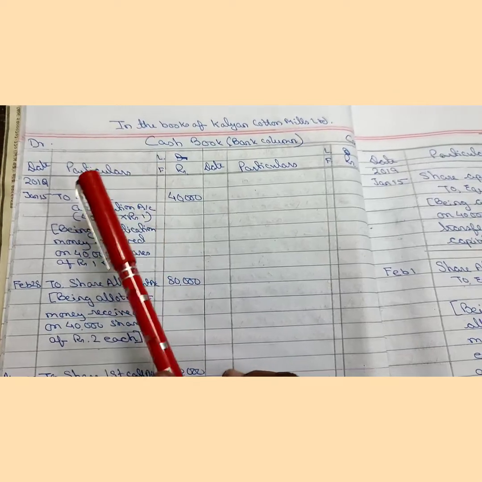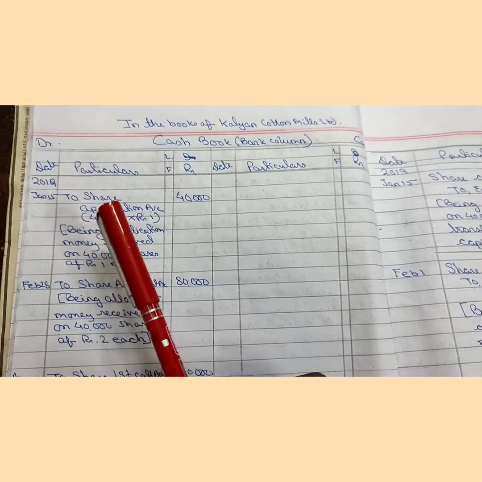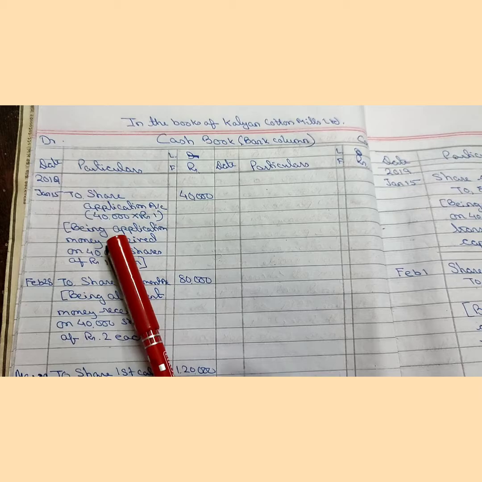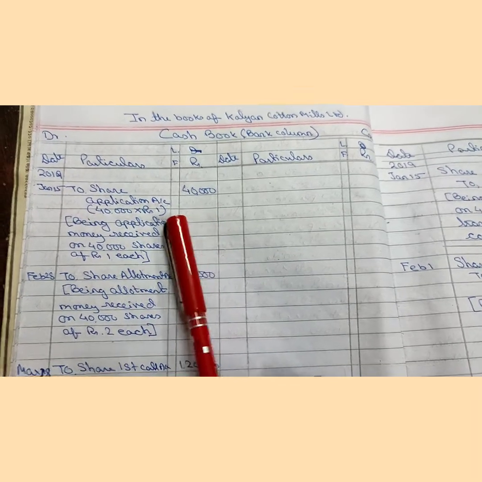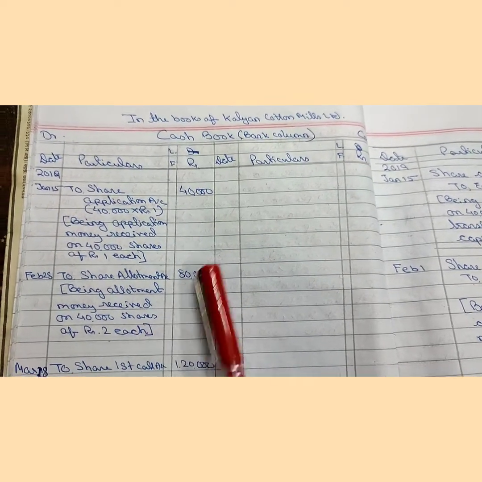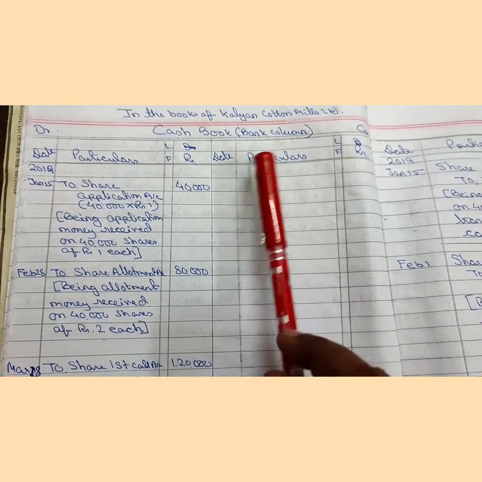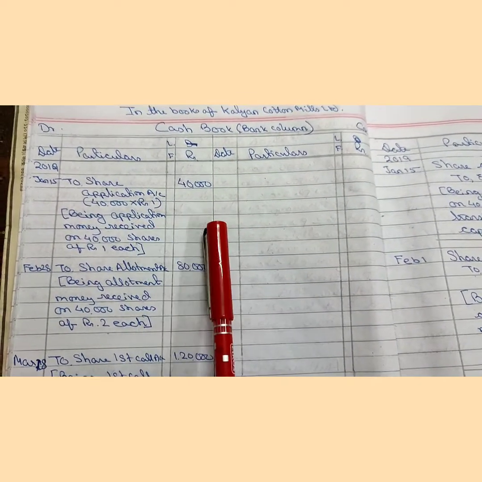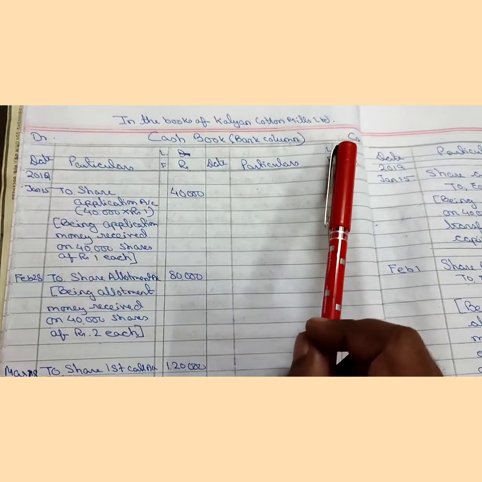In class 11 you have done the two column cash book, that is, one is the cash column and another is the bank column. Here we are doing only the bank column. There are two sides of the cash book, debit side and credit side.